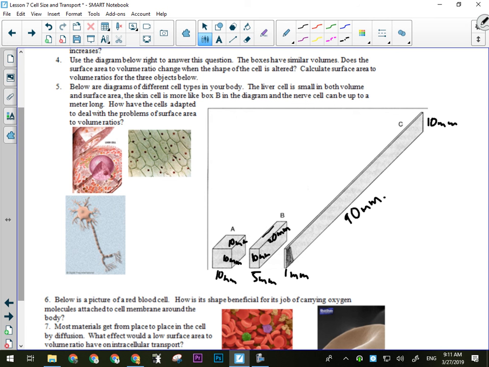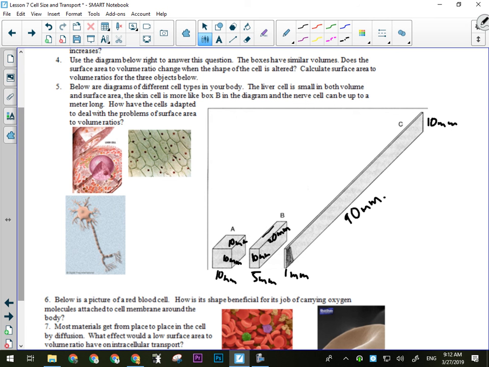If you're a skin cell, which is this one, do you get nutrients on all sides? So maybe you need to change your shape a little bit so you're more like B. You can talk about how that might help it do its job. And then you've got a nerve cell. You have some nerve cells that run from the base of your brain to the small of your back. One cell that can be almost a meter long.